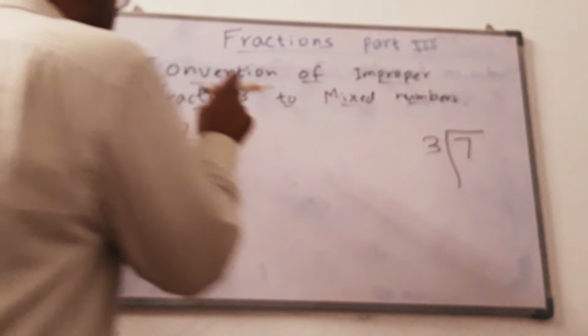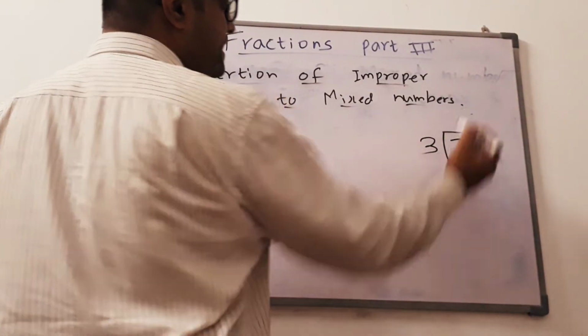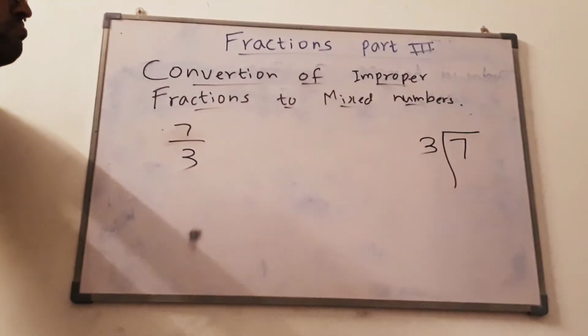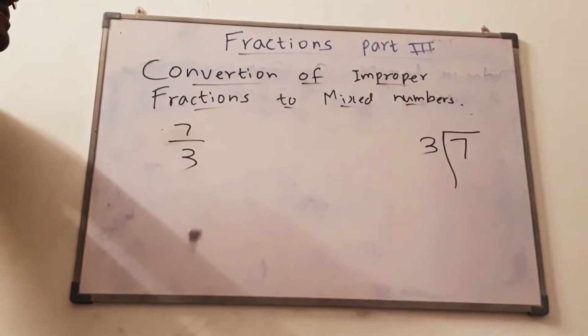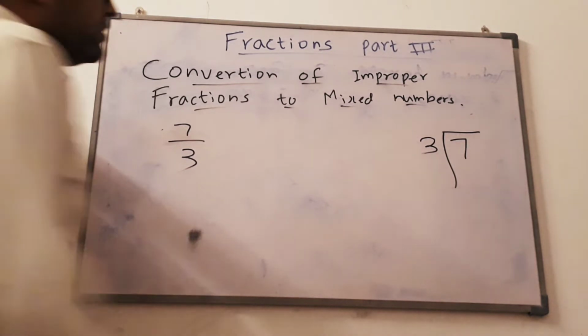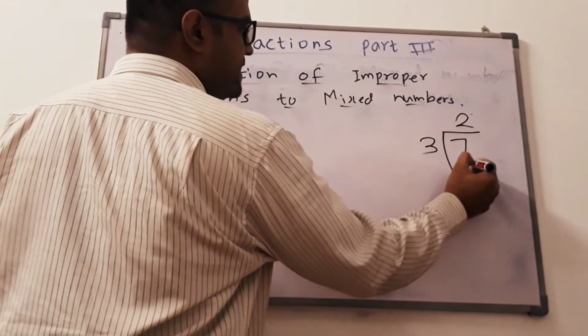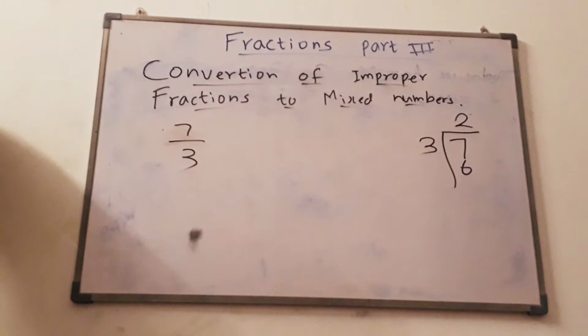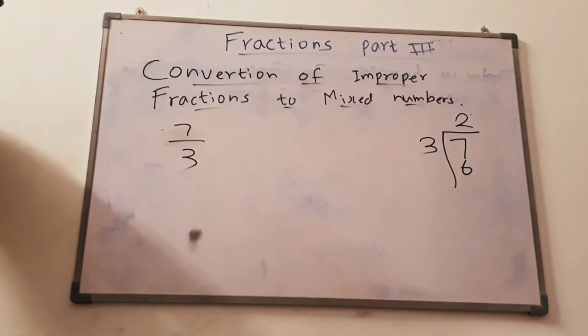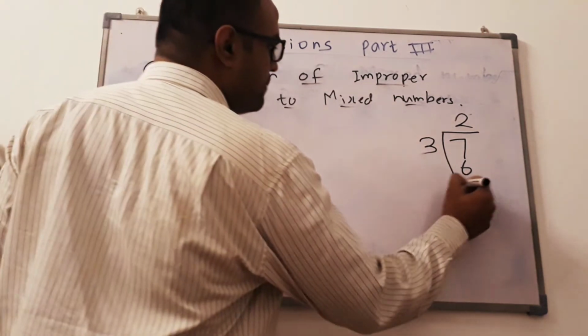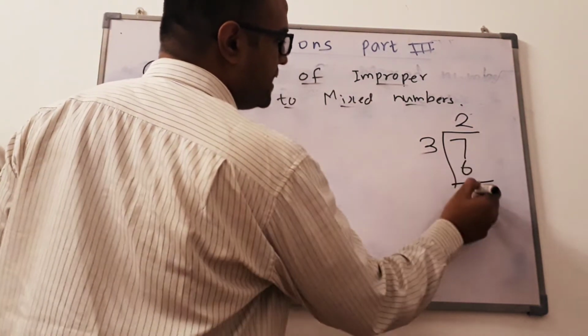So we have to divide 7 by 3. 7 is not divisible by 3, but 6 is divisible by 3. So 3 times 2 is 6, there are 2 3s in 6. So in 7 also there are 2 3s, but there's a remainder. 7 minus 6 means 1.